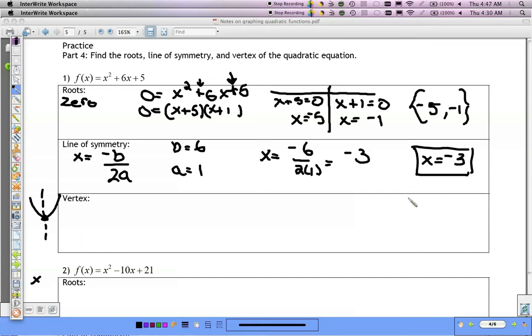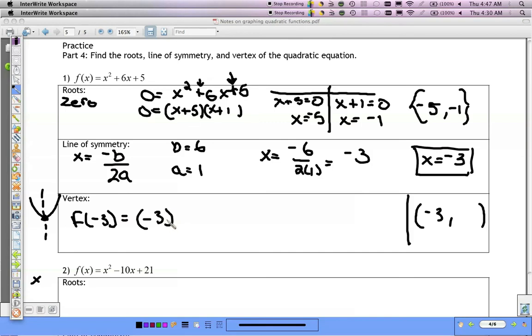So I know that when I have my answer, the x is going to be -3, and what I need to find is the y. So to find the y, I just want to go ahead and plug it right back into my original equation. So f of -3 equals, remember that whenever you replace a variable, you always put it in parentheses.